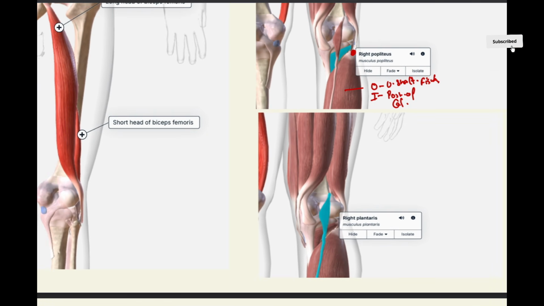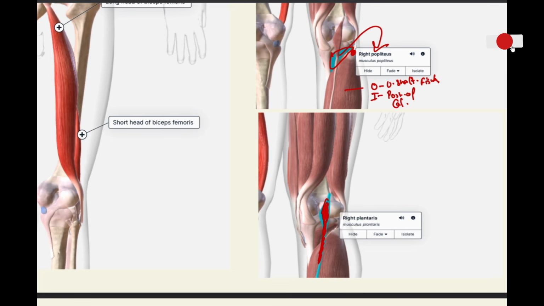Now then we have small muscles as well in this region. This is your plantaris muscle, and the one that you are seeing over here is your popliteus muscle.